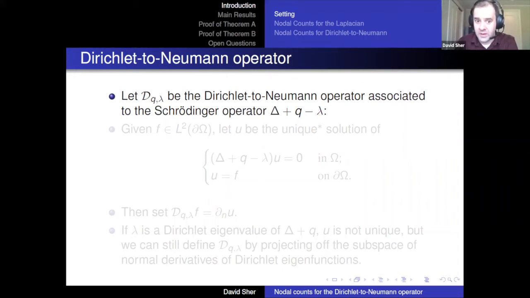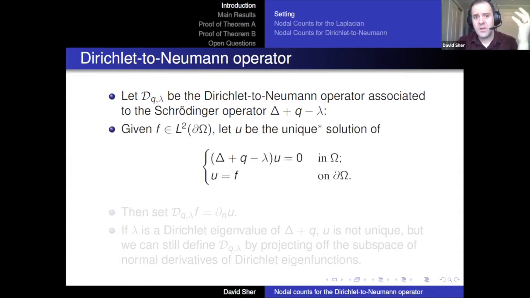Just helps to see things. So to define this Dirichlet-to-Neumann operator, we do the same thing we do in the potential-free case. Given a function f in L2 on the boundary, we're going to solve the problem.